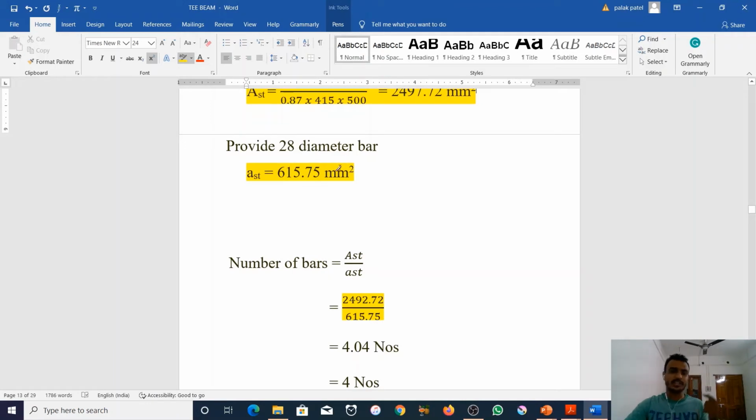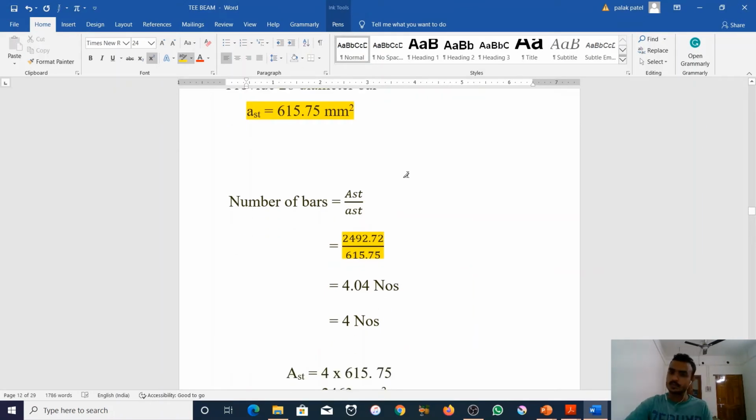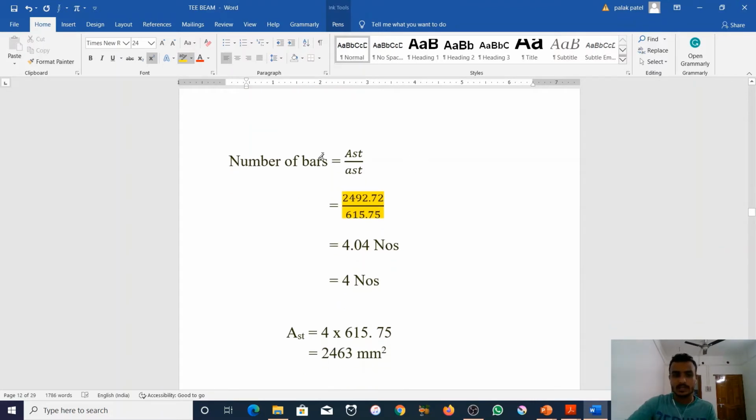For the 28 diameter bar, pi by 4 into 28 whole square, the small Ast is 615.75 mm square.